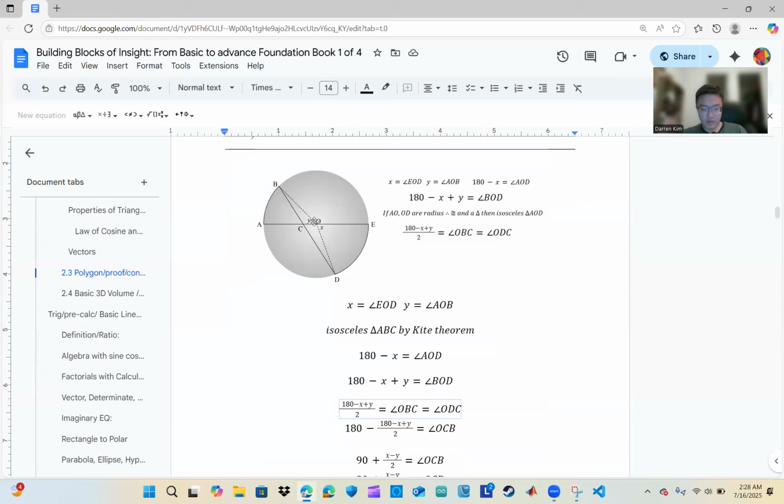So this is this over here. So what we need over here, let me get this, try to get OBC, right? So first of all, we have 180 minus over here this stuff, right? So this turns to a plus and this turns to a minus. And then we get divided by 2 because that's necessary.